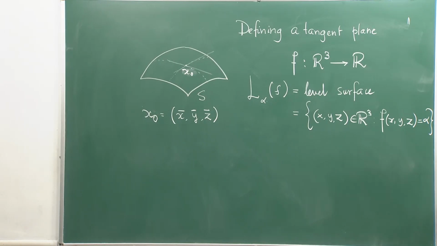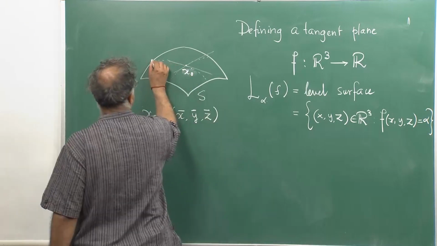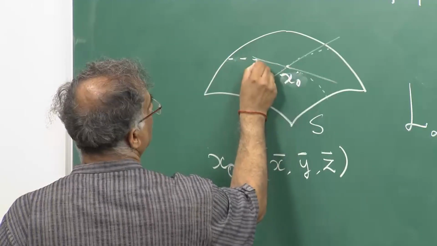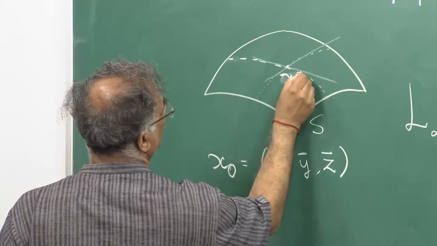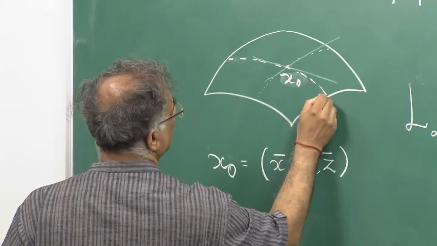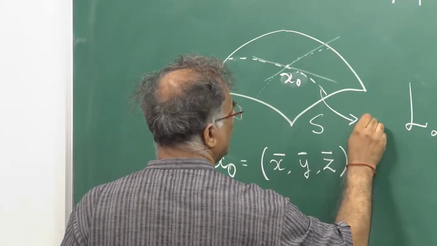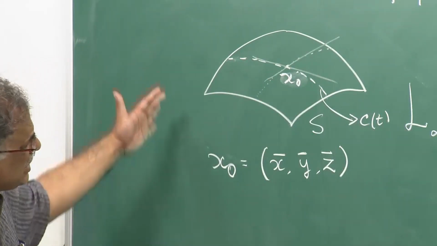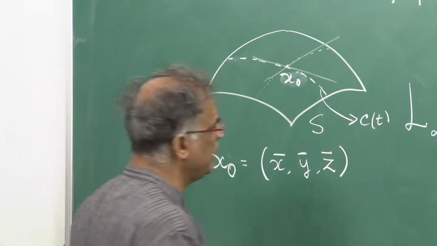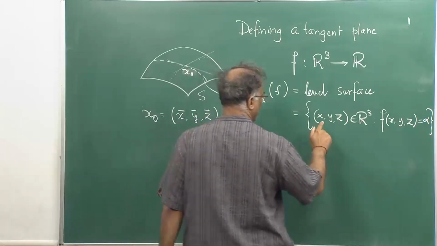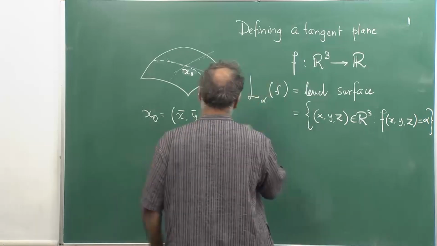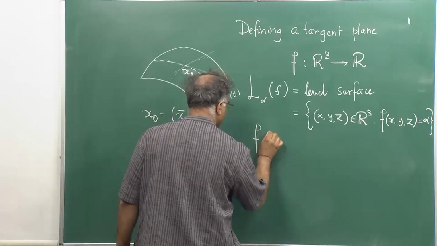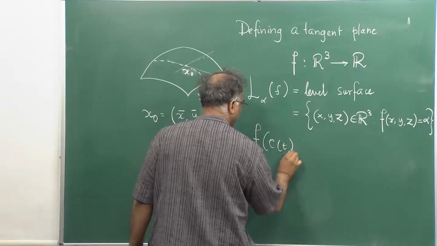So, consider this curve, whose tangent line I have drawn. Let this be given by C(t). Because this curve lies completely on the surface, and any point on that surface has to satisfy this, I have f of C(t) equal to alpha.